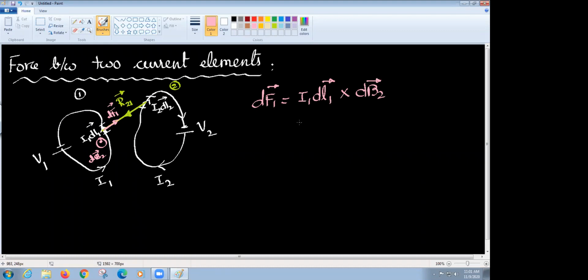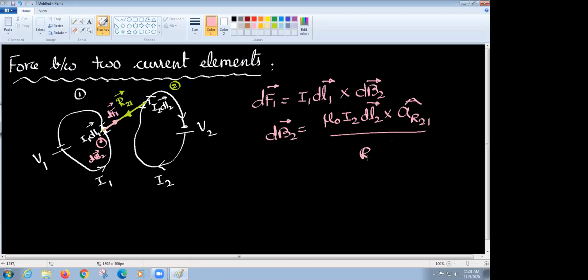This is correct, right? And according to Biot-Savart's law, what is dB2? dB2 is mu naught by 4 pi, mu naught I2 dl2 cross a_R21 divided by R21 squared.